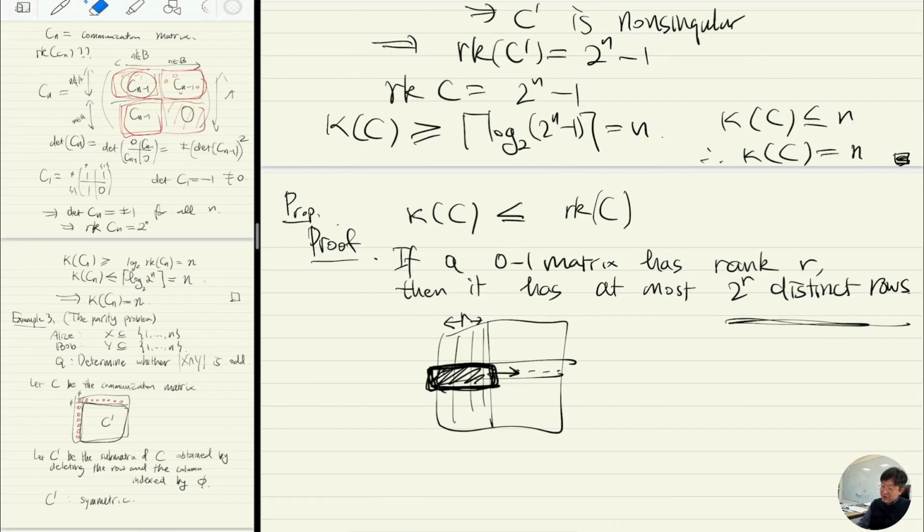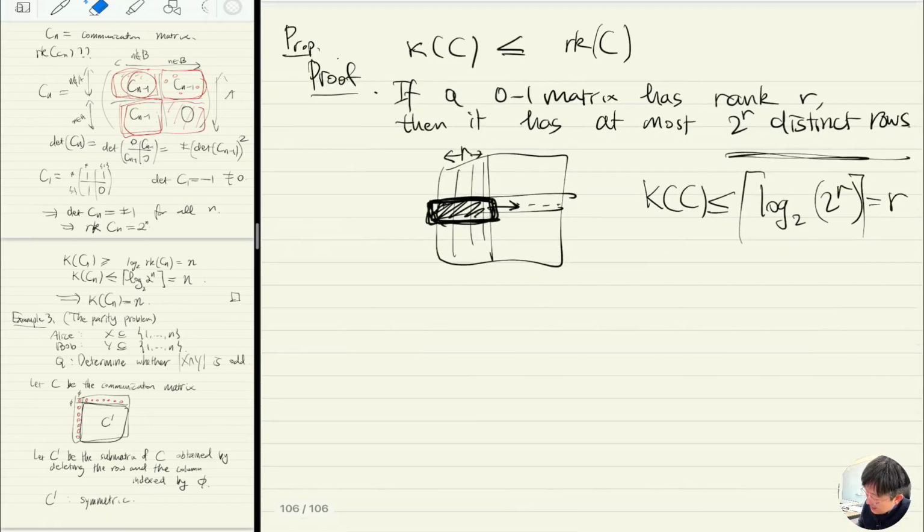And if you have that many rows, then kappa is at most, using the trivial protocol, just send which row block you belong to. So log of 2 to the R, which is R. So that's an upper bound on the communication complexity.